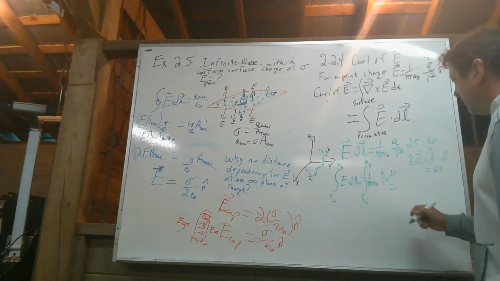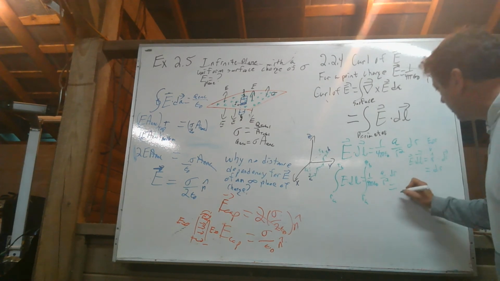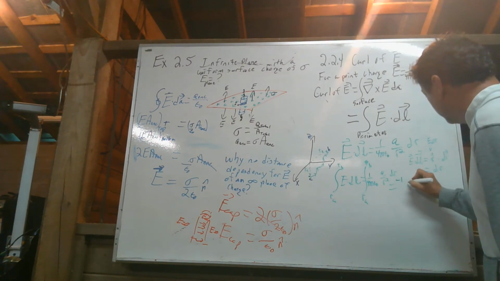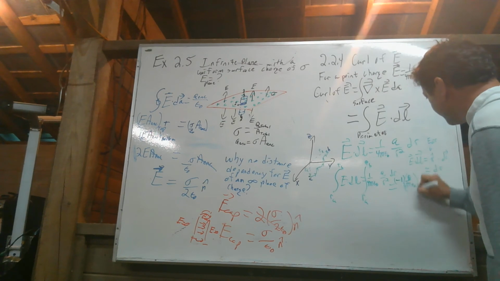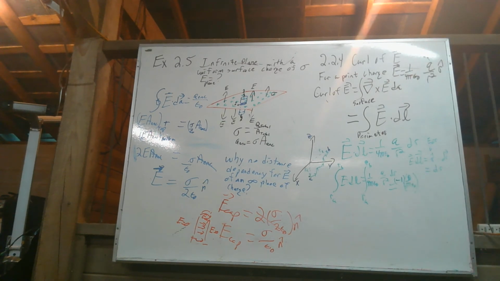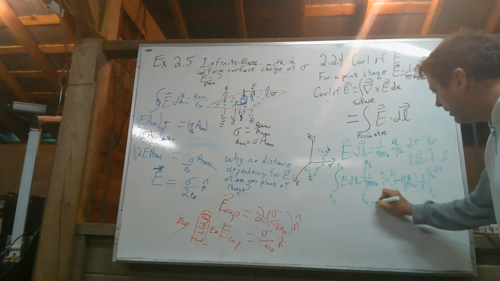So if I do that, I end up with the 1 over r, so this is going to be equal to negative 1 over, we'll say q over 4 pi epsilon naught. And that's just going to be 1 over r evaluated from r sub a to r sub b.